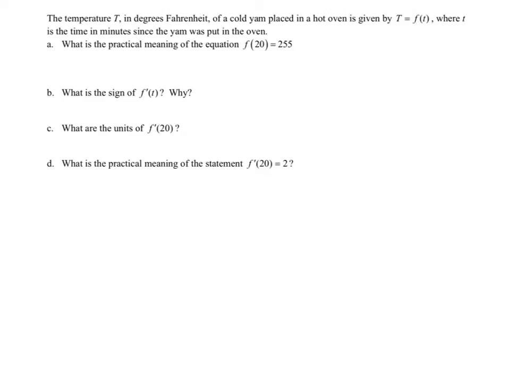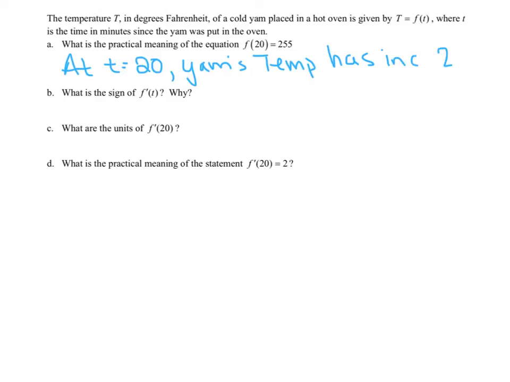And so I'm going to say, well, we say after the yam's been in there for 20 minutes, at t equals 20, the yam's temperature has increased to a temperature of 255 degrees currently.